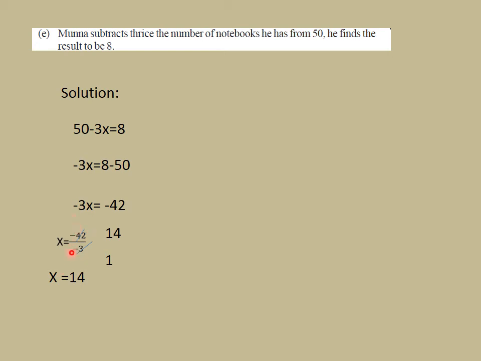So minus and minus cancel each other. 42 upon 3. 3 ones are 3, so 1 is left. 3 fours are 12, so 14. And minus minus cancels each other when you go to division. So 14 upon 1, x is equal to 14 is the answer.